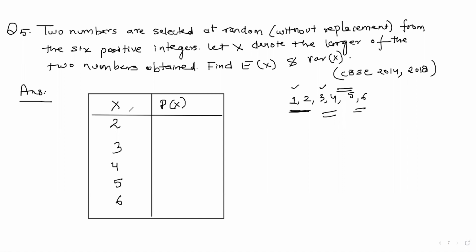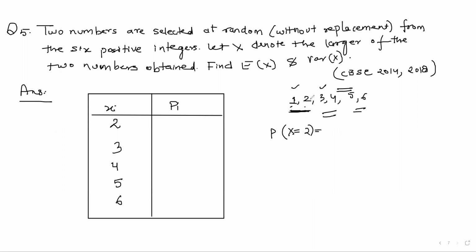Okay, if we have to find out the probability for X equal to 2, then we will check this: this is Xi and this is Pi. When will you get a 2? When you select the first number as 1 and the second as 2, we don't have any other option. So we need to find P(X = 2). This will occur only in the case where we get the number 1 and the second number is 2.